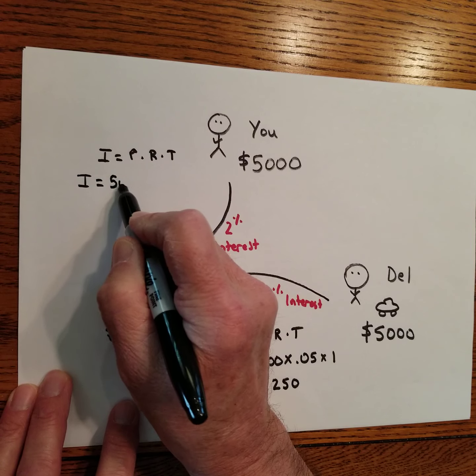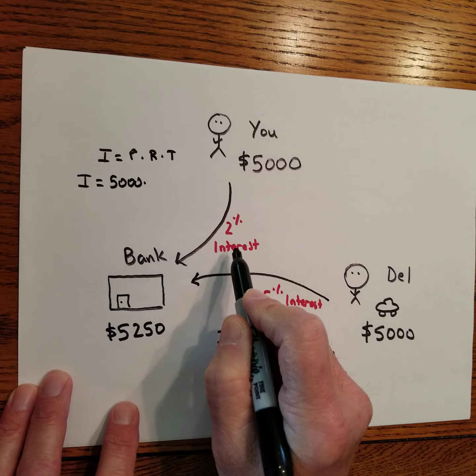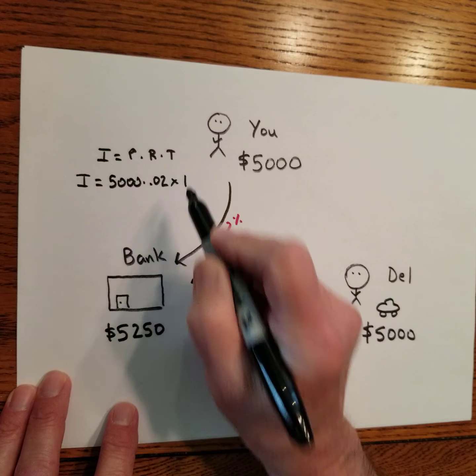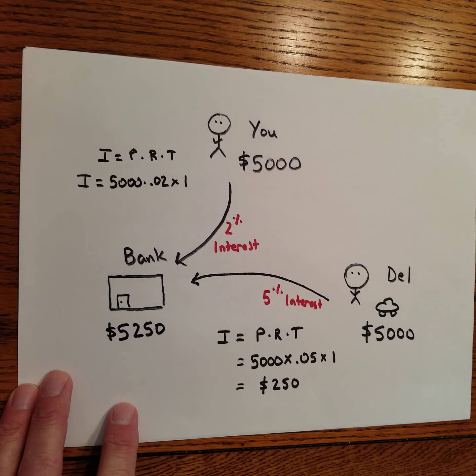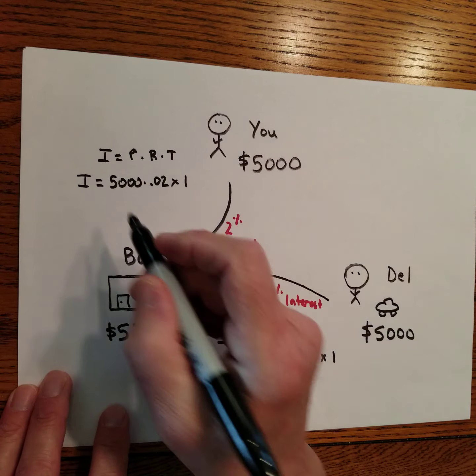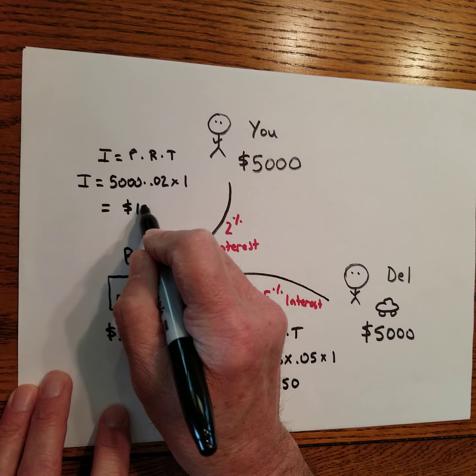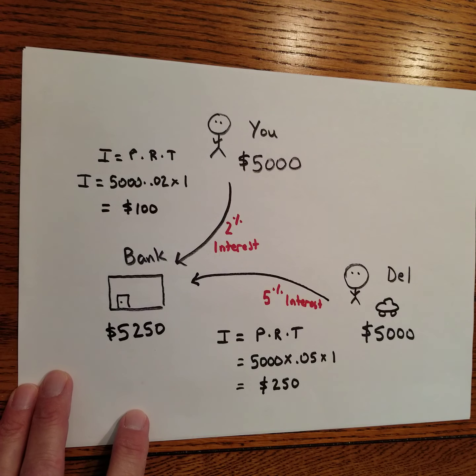You invested $5,000 at 2% for 1 year. $5,000 at 2% for 1 year, if I multiply that out, that is $100.